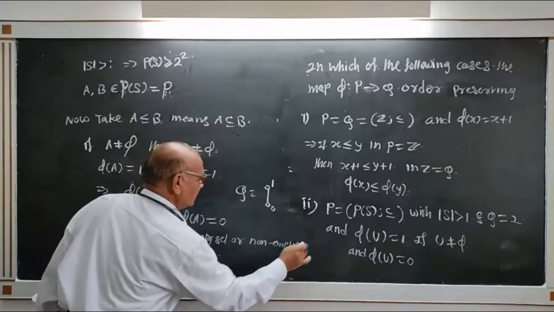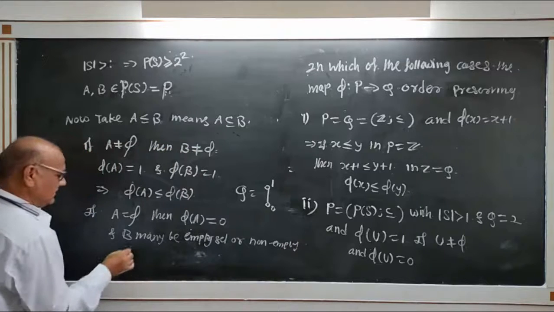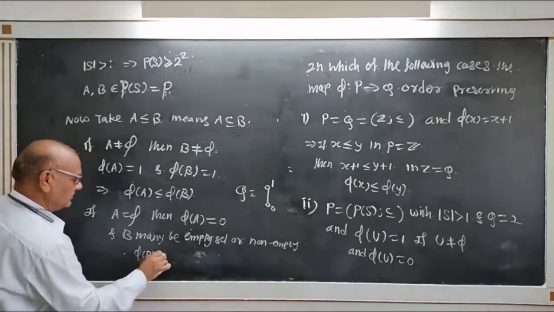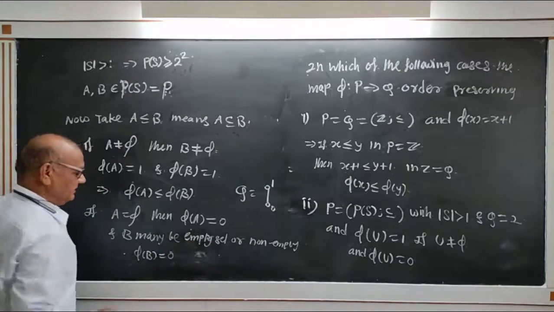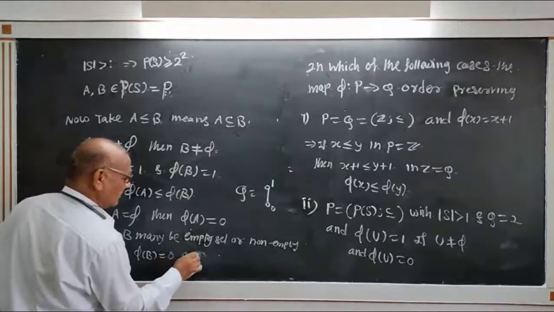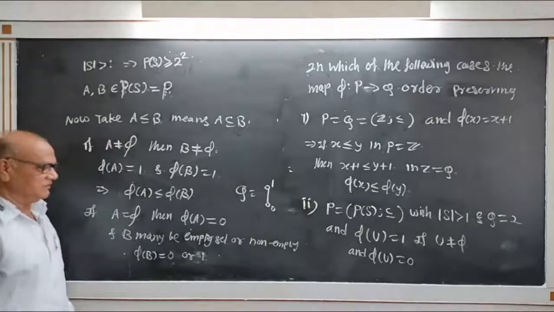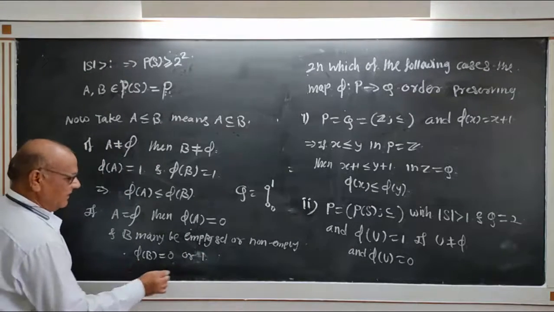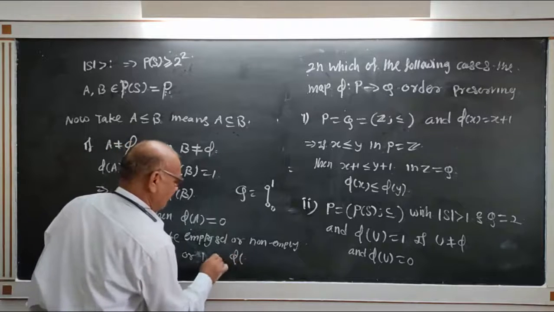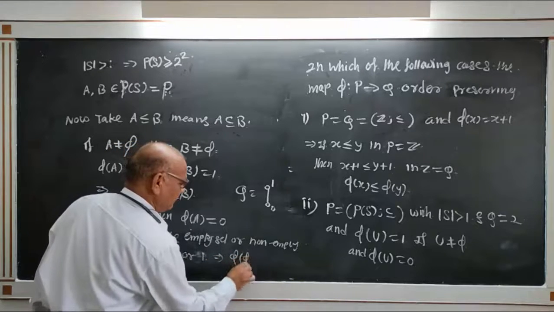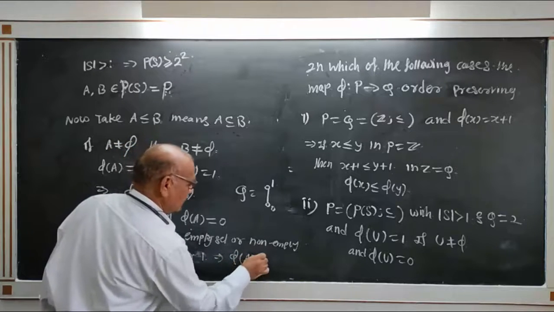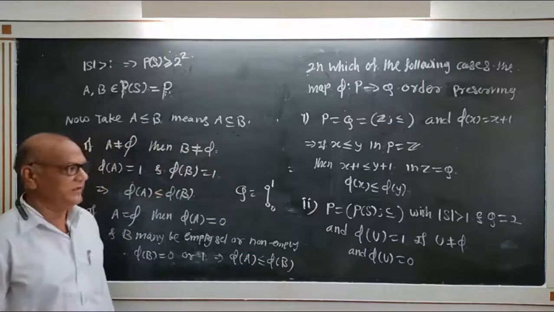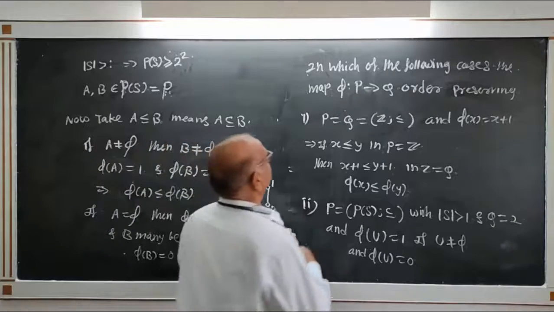Therefore phi of B is equal to 0 if B is empty, or 1 if B is non-empty, and this gives phi of A related to phi of B.